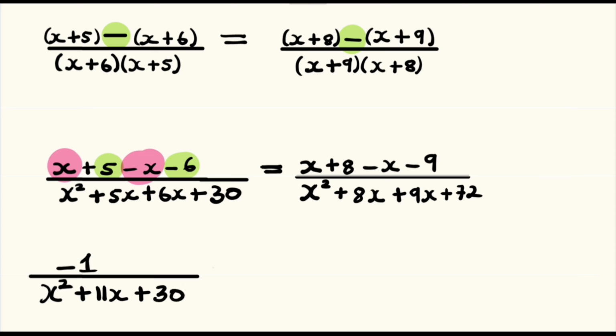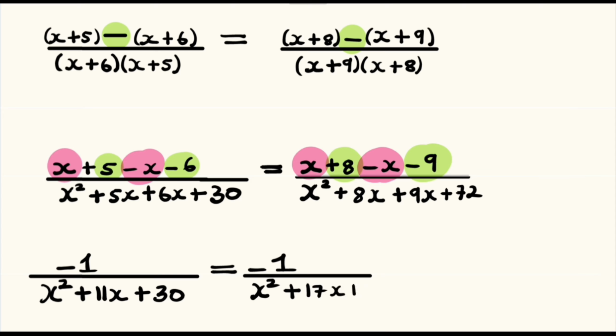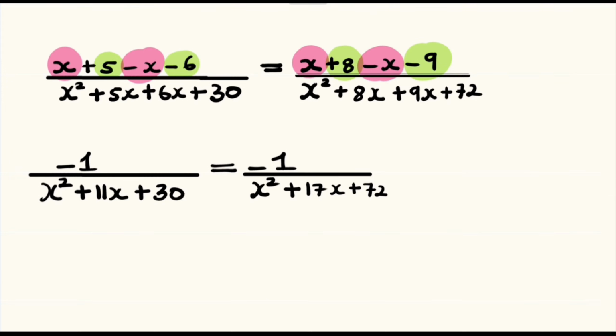And this will be equal, so that x minus x will be 0. 8 minus 9 will be equal negative 1 divided by x squared. So the 8x plus 9x will be equal 17x plus 72. We multiply both sides of the equation by negative 1 to remove those negatives, and we cross multiply.